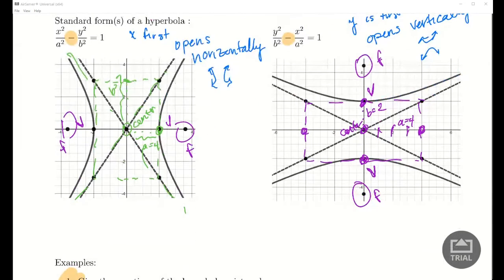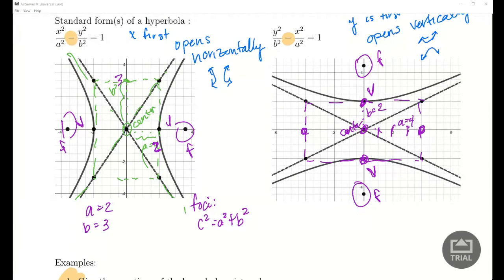Let me talk through A, B, and C now. I did the same thing on this one, you guys. This is the scaling. This is 2. So B is actually 3 on this one. So A is 2, B is 3. And to get the foci for a hyperbola, you do C squared is A squared plus B squared.